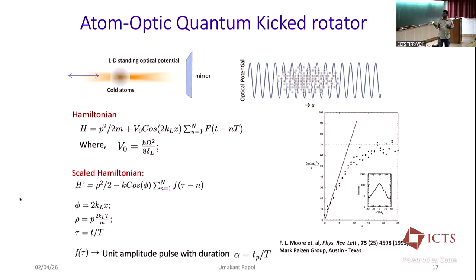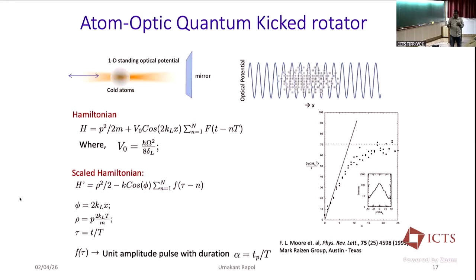So here the atoms are seeing this potential that is varying in space. And you can write the Hamiltonian and map it to the kicked rotor Hamiltonian. Now, the good thing in this case is that just by playing with the parameters of this standing wave, you can tune the kick strength, you can tune the scaled Planck's constant and so on.